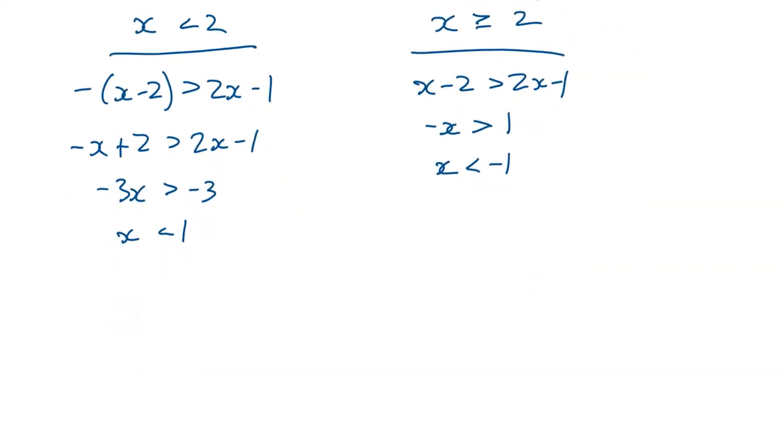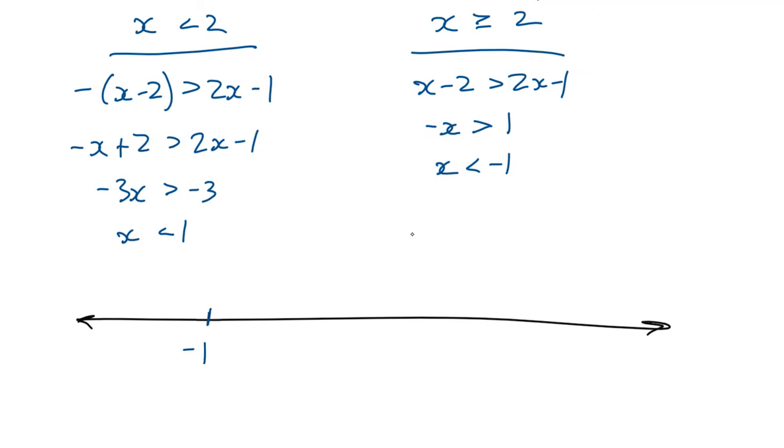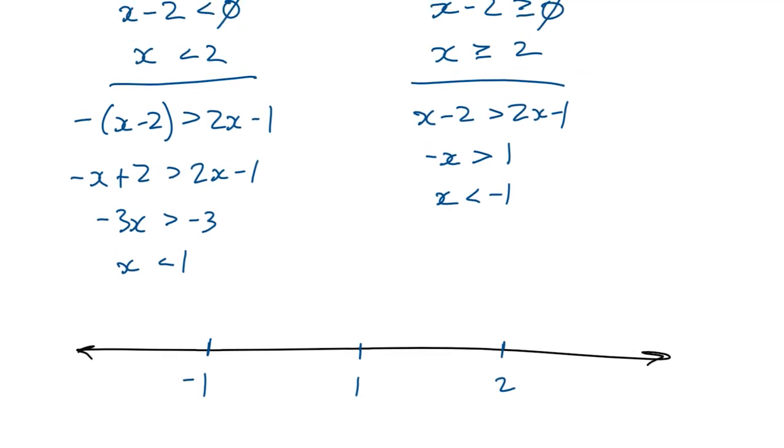If we did the number line for this, which we're going to do, we get negative 1, we get 1, and we get 2. Values strictly less than 2, and values strictly less than 1.